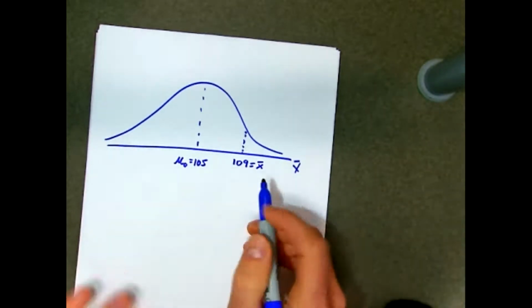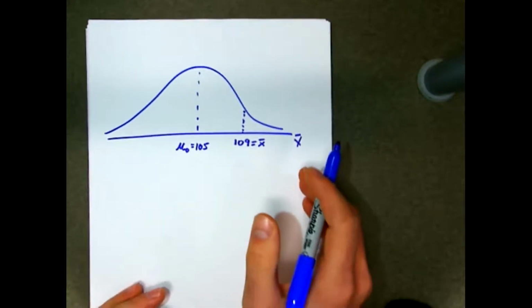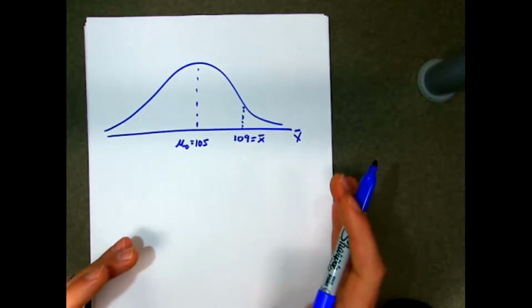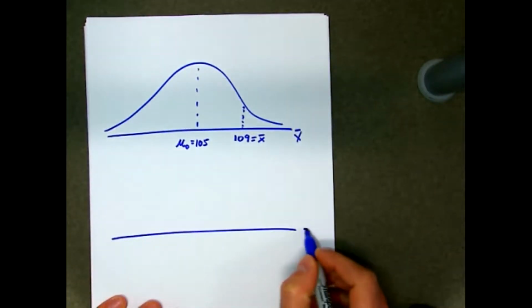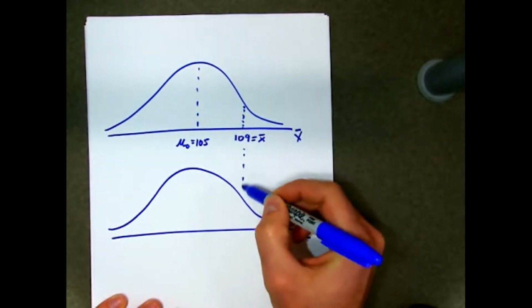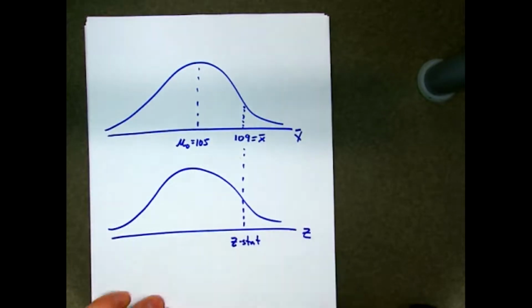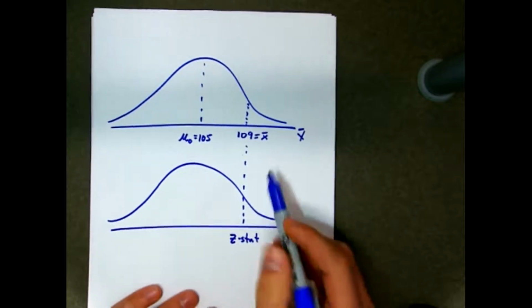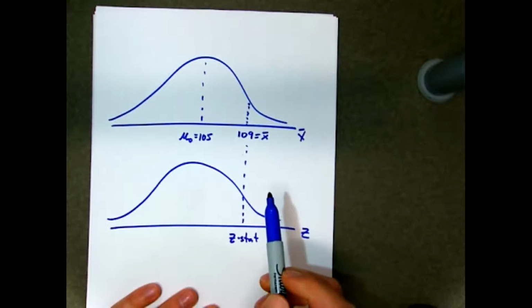So if I'm coming up with a test statistic, remember that test statistic is just a z value, right? It's telling me the number of standard deviations away. So it's coming from a standard normal distribution. When I convert this value into a test statistic, or more specifically a z statistic, it's going to tell me the number of standard deviations away from that assumed true mean that I am.